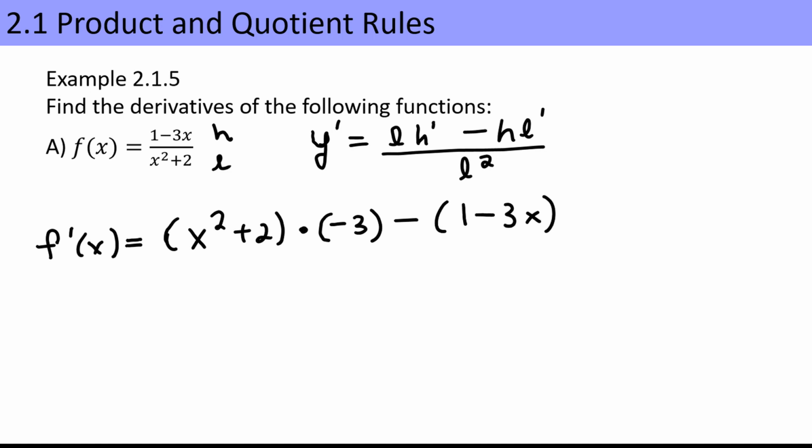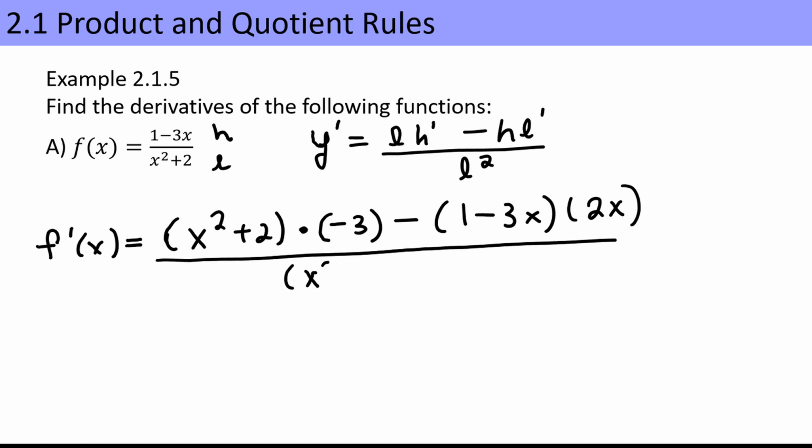And we'll take the derivative of the low, which is x squared plus 2. The derivative of x squared is 2x. And the derivative of 2 is 0. This entire expression is divided by the low, that's x squared plus 2 squared. Now let's do some simplifying. I'll begin by distributing the negative 3 in the numerator.